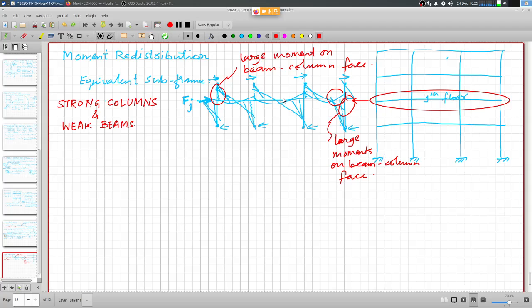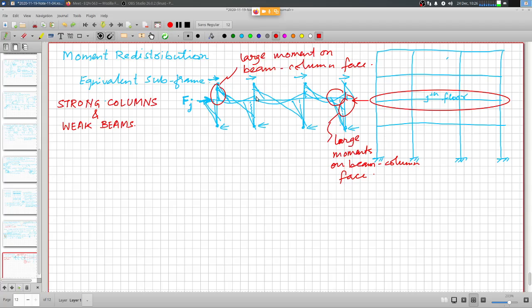And if you have this high moment demand here, then obviously you cannot truncate the flexural reinforcement at this point. It has to go beyond the interior joint, and you cannot truncate that in the interior joint, and that will be a complete mess.